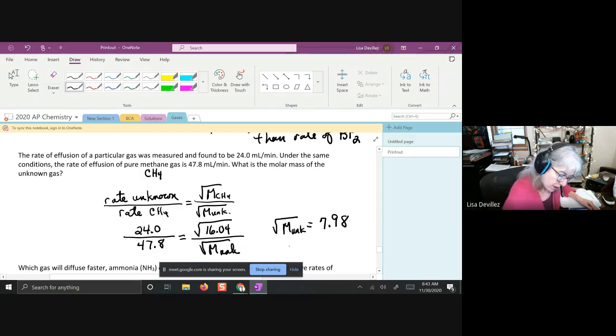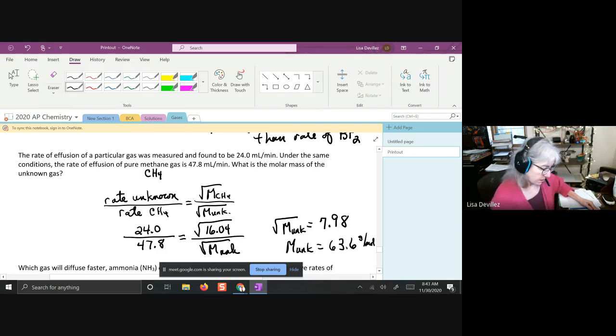And so I'm going to square both sides. I get 63.6. That would be grams per mole. Okay.